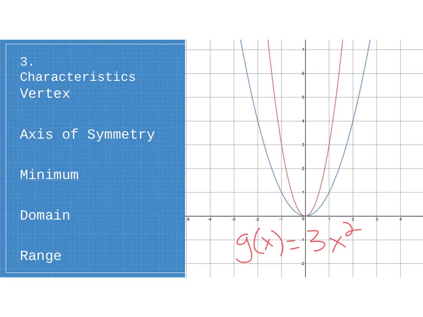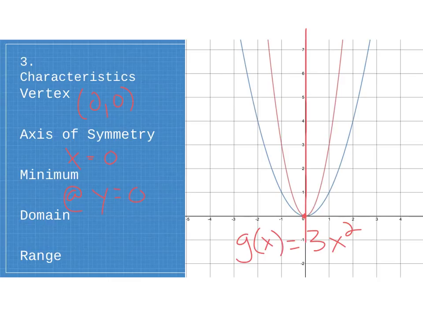Our vertex is still at 0, 0. Our axis of symmetry is still right down the middle, and that is at x equals 0. We have a minimum at y equals 0.